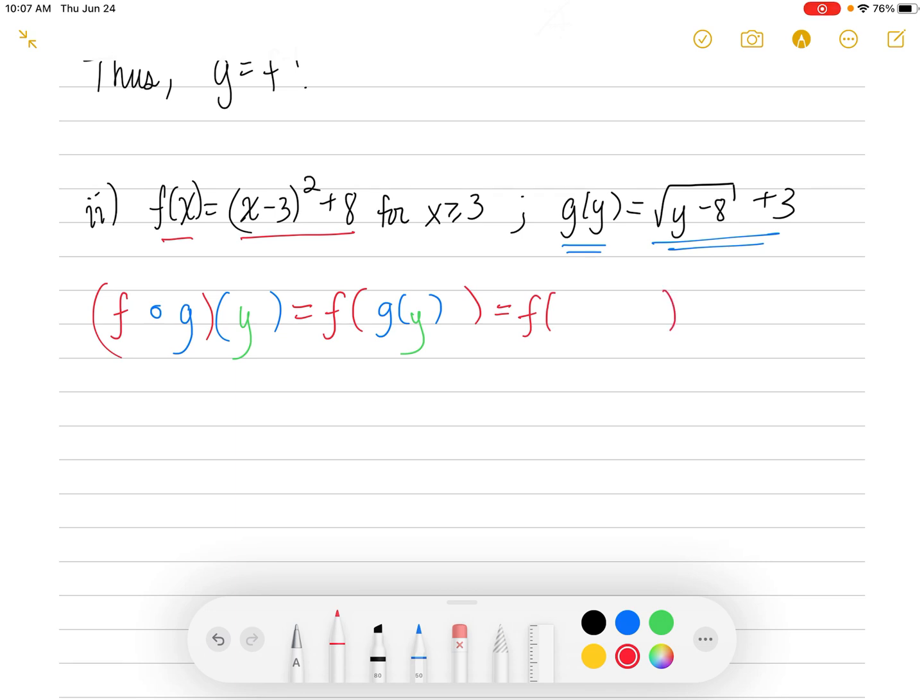That means I have an f outside, and then inside I have g of y. So I'm going to replace my g of y here on the inside with the square root of y minus 8, and then plus 3.